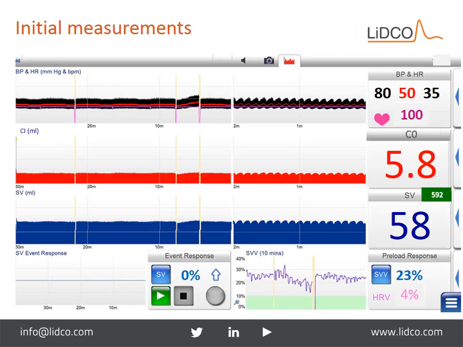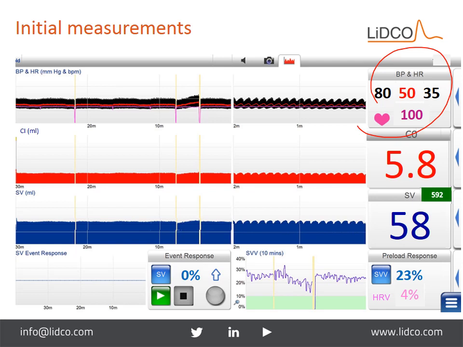She's now in the unit, and she has received an A-line, so we're using the arterial technology of LiCO. And basically from the conduit cable, it is picking up her heart rate and blood pressure from the bedside monitor right there. But now, because it can look at her stroke volume, we have cardiac output, which is 5.8, reminding you all that 4 to 8 liters per minute is normal.